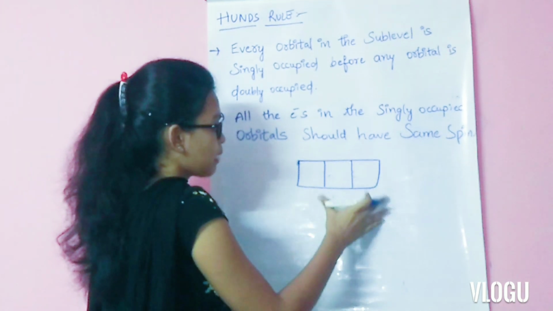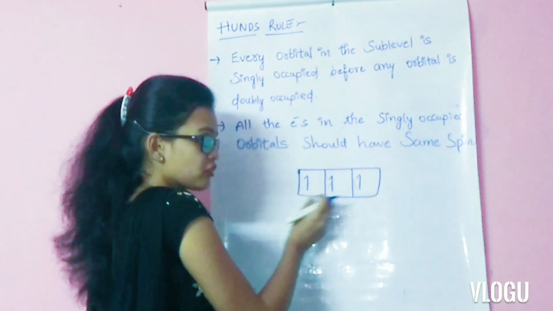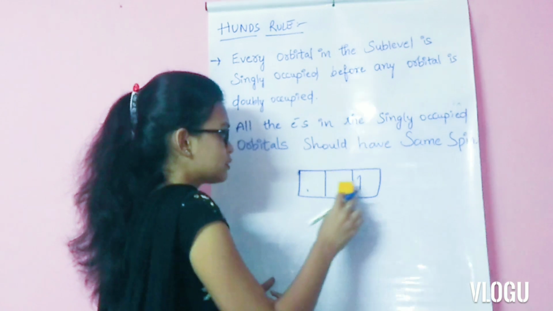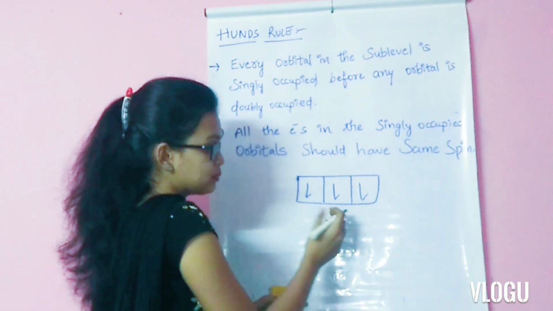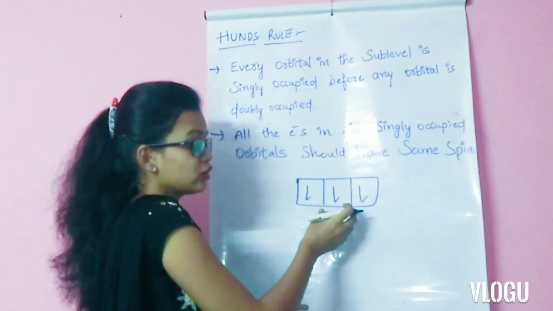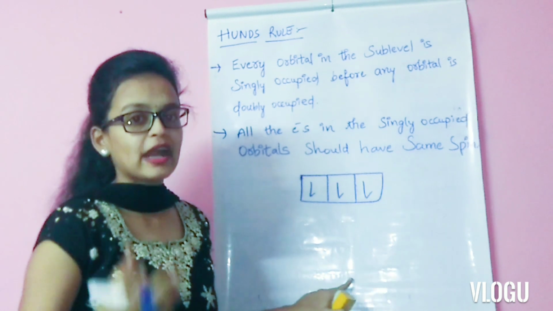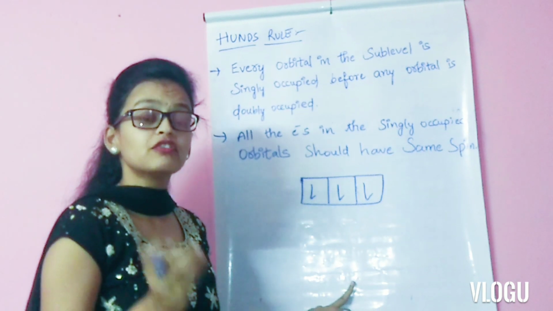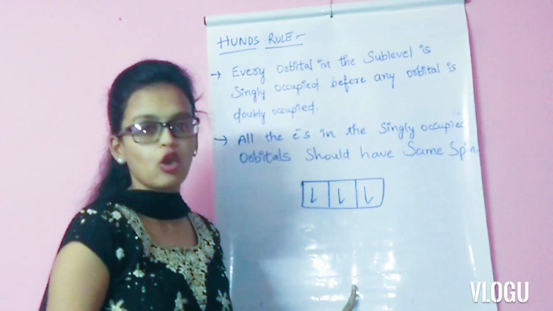So in the p sublevel, the electrons may be present in the forward spin, and they may also be present in the backward spin. But remember, all the electrons should possess the same spin. If you want to write the electrons in the backward spin, then write all the electrons in the backward spin only. And if you want to write the electrons in the forward spin, then write all the electrons in the forward spin.